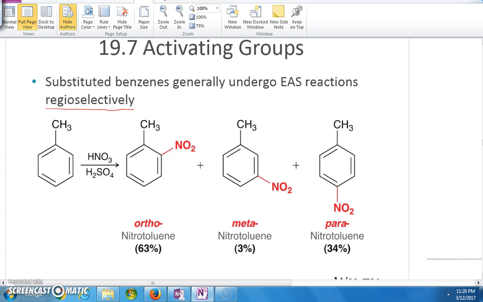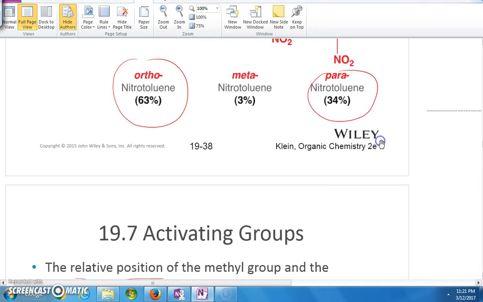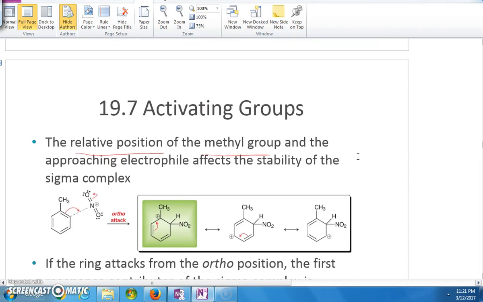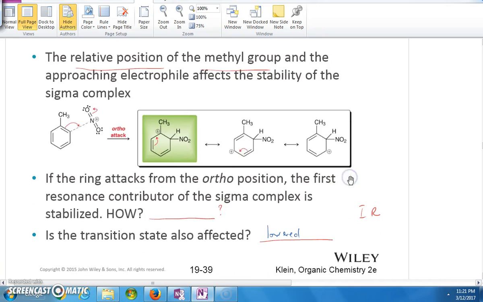Notice here that the ortho is formed with 63%, the para is 34%, but the meta is barely formed, only 3%. To be able to understand why this reaction goes this way, we have to look at the nature of the arenium cation, or the sigma complex, that forms upon addition of the nitro group.